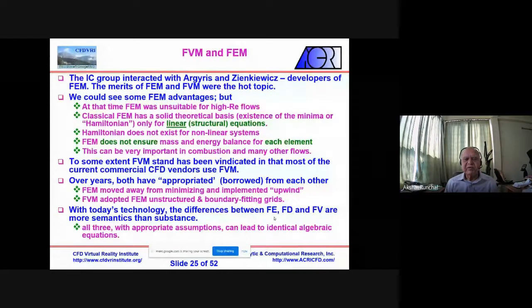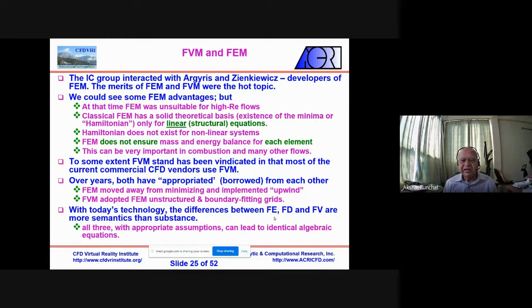One question people always ask me is what's the difference, or what's better, finite volume or finite element? So we interacted with finite element, which also developed about the same time. One of the first people in this field was Argyris, who was in Germany and then came to Imperial College, and then it was his student Zienkiewicz who went to Swansea to set up the whole group there.